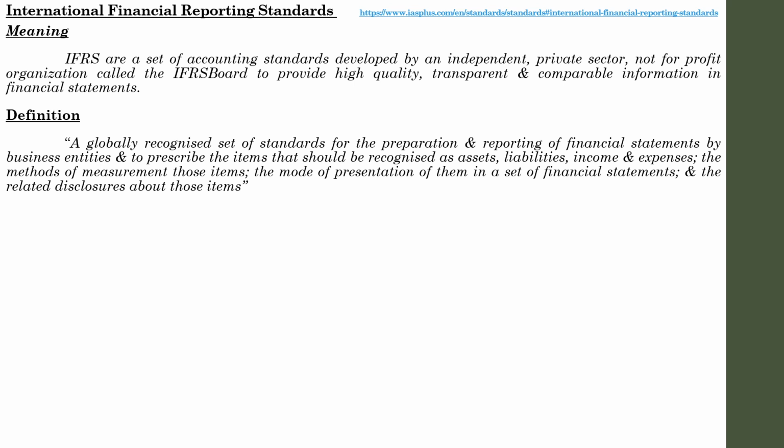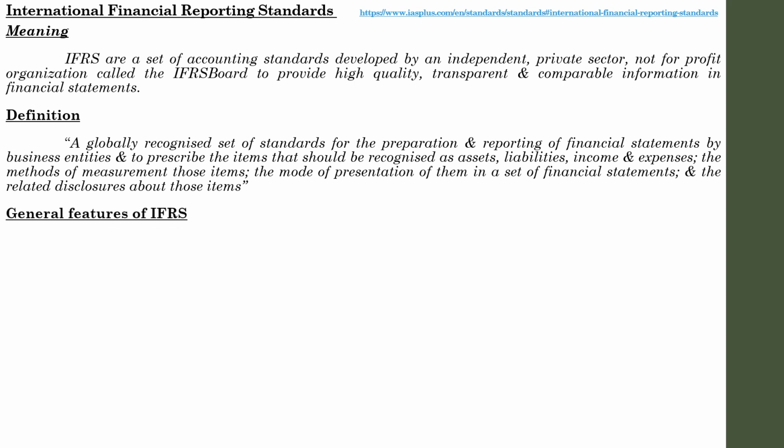We know where to present assets and liabilities: not in the trading profit and loss, but in the balance sheet. That means there is a certain set of rules and standards, or procedures, that has to be followed while preparing financial statements, and all these are prescribed in detail in IFRS, or we can say International Financial Reporting Standards. So that is the purpose of IFRS.